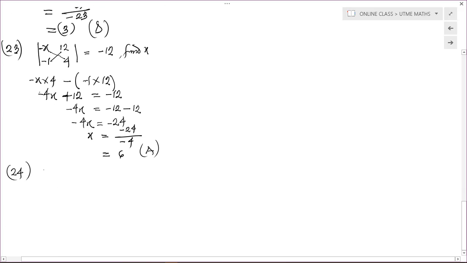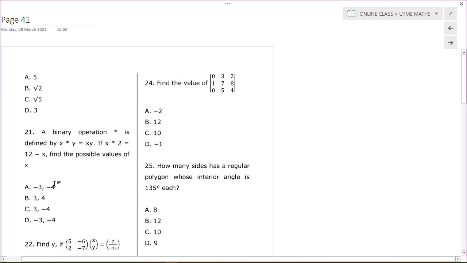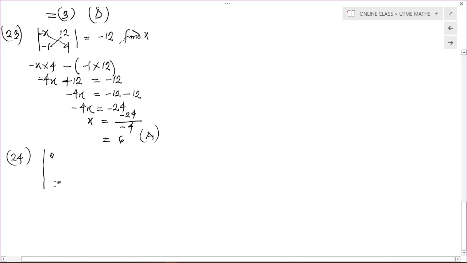So this means that we find a determinant of 0, 3, 2, 1, 7, 8, 0, 5, 4.